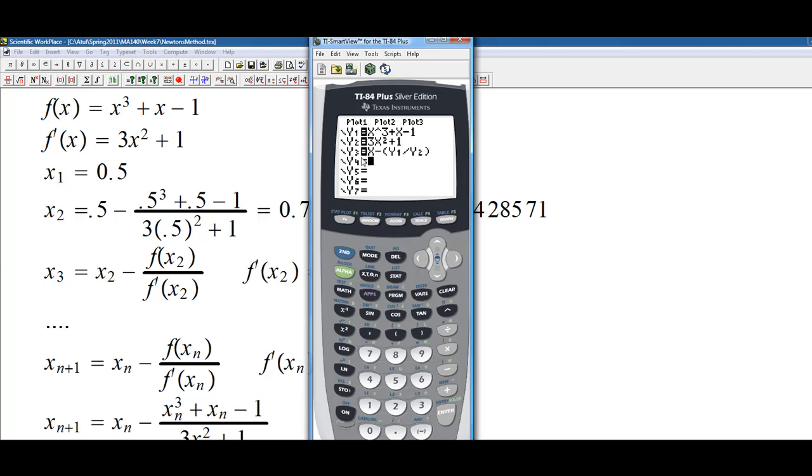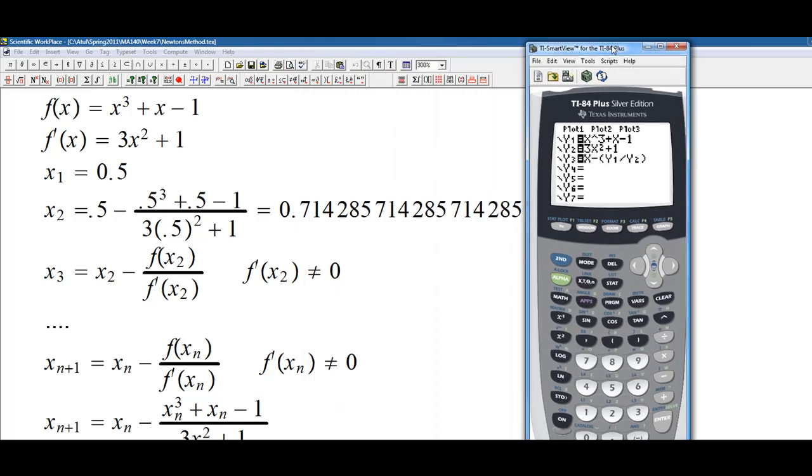So that's our y3. Okay, so we will go ahead and get successive approximations in this manner. Now our values will be given by y3.